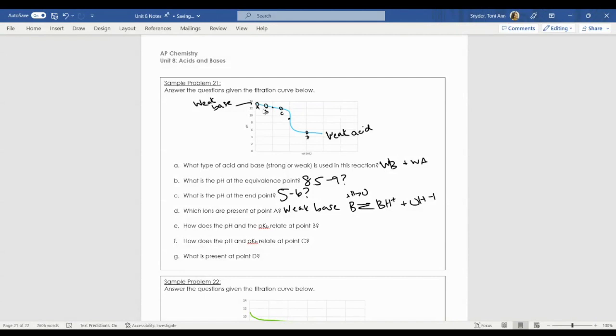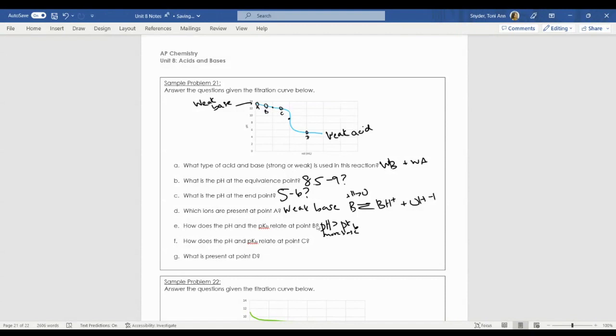pH and pKb at point B. It looks like the pH is a little bit higher than the pKb, right? If the pH is higher, this means that I have to have more base present. And I do, because the pH is a little bit higher. It's above this half equivalence point.